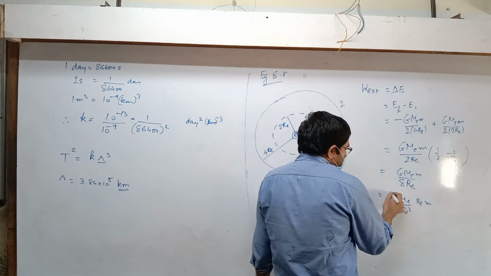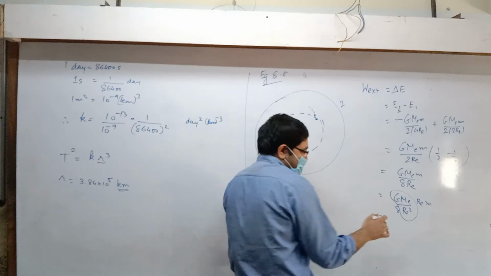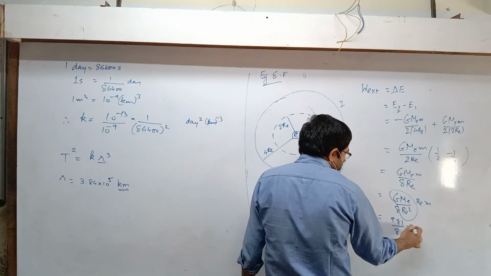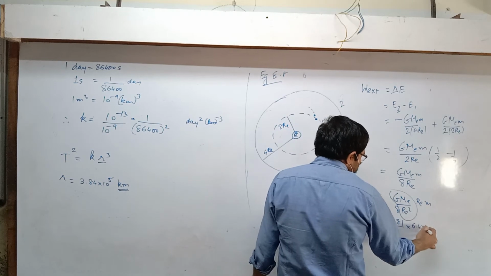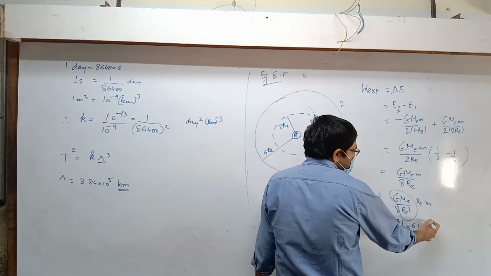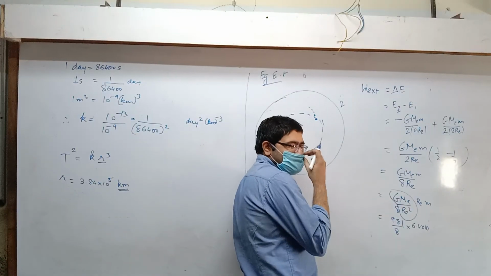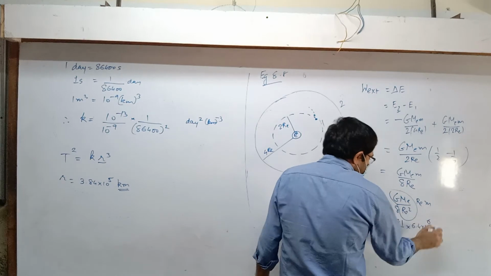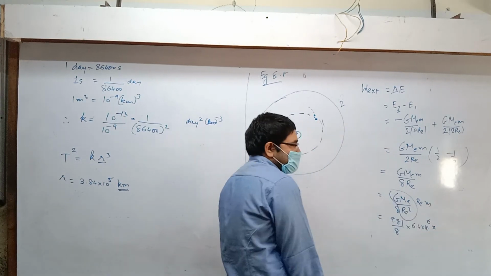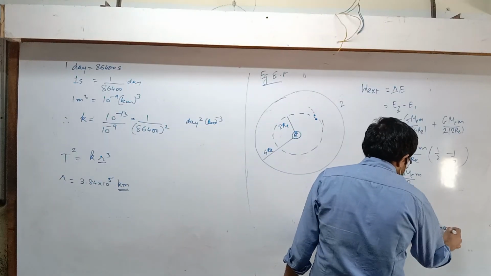After that, G M_E by R square is g, that is 9.81, divided by 8, into radius of Earth 6.4 into 10 raised to 6, with mass m, the mass of the satellite, 400.